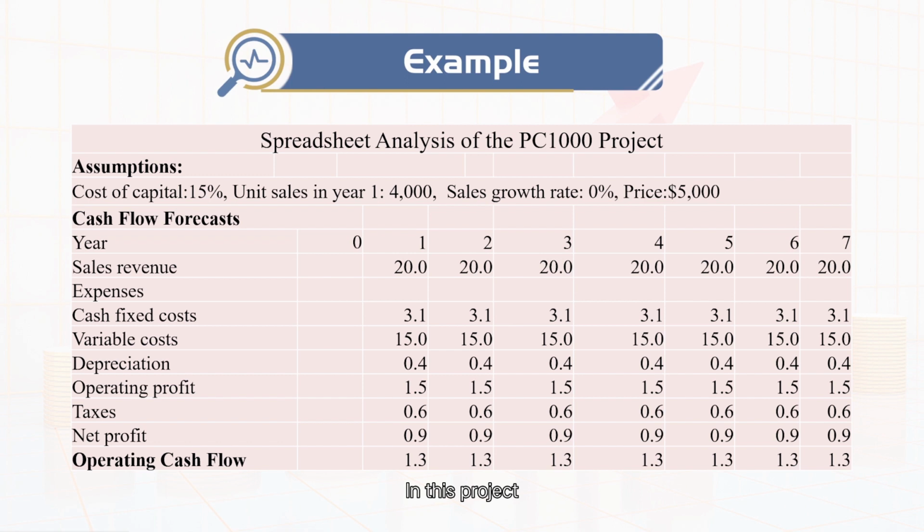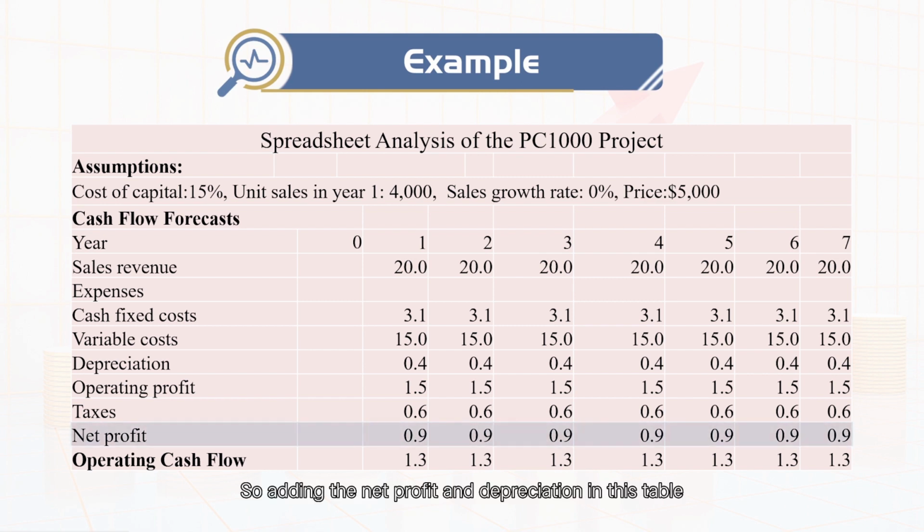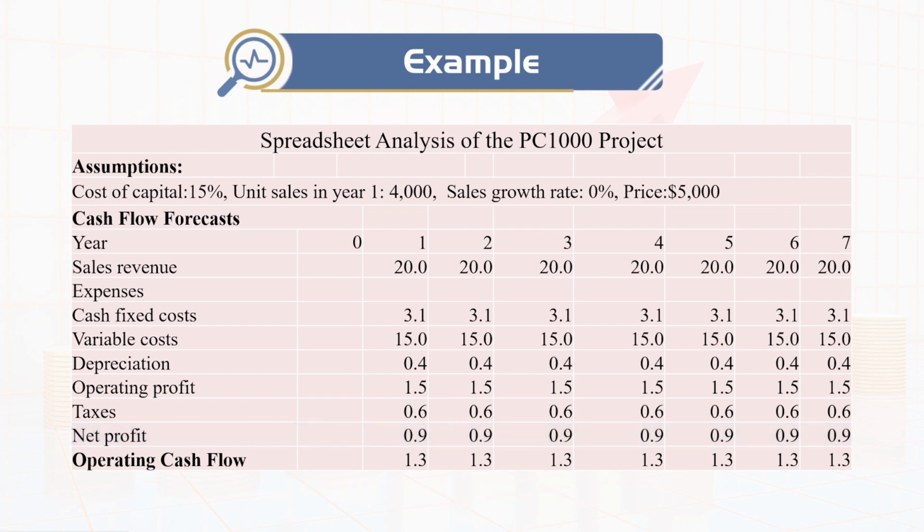In this project, the net income is the net profit, and the non-cash expenses are the depreciation. So, adding the net profit and the depreciation in this table, the operating cash flows of each year are forecasted and given below the net profit.